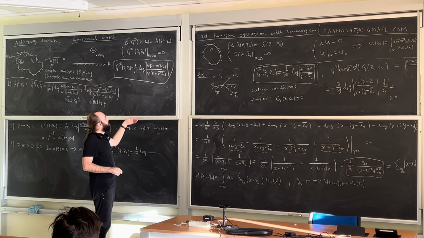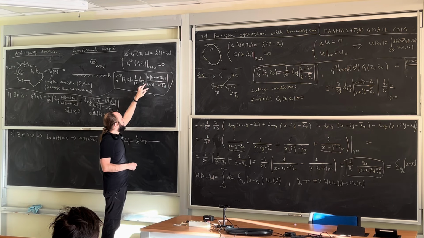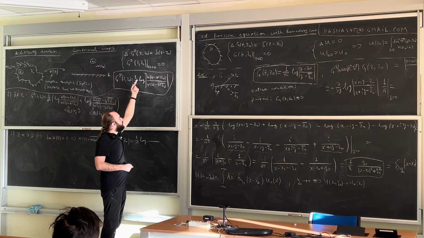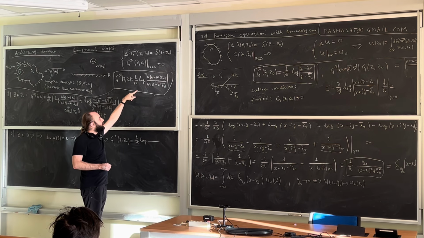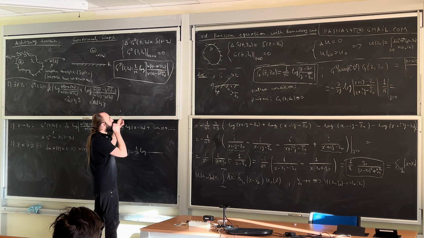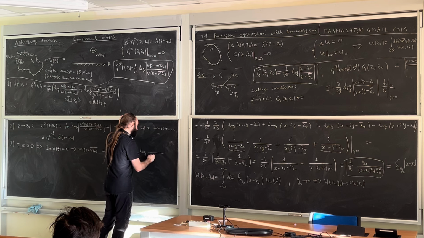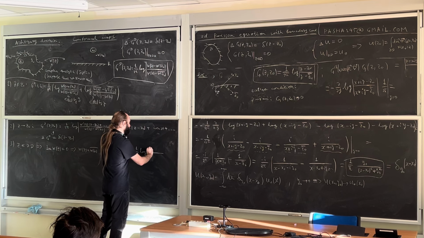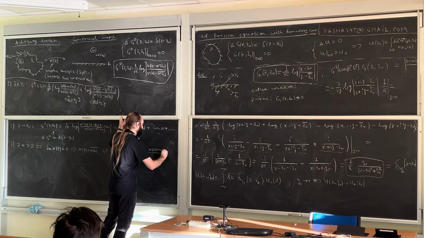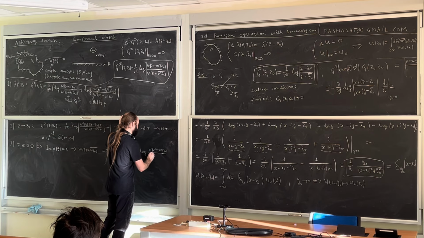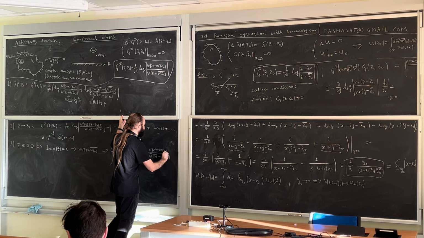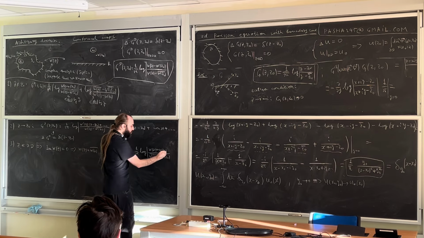Well, in principle, we can conjugate its numerator or denominator at the very beginning, because the absolute value of a complex number and its conjugate are the same. So it is W of Z minus W of Z0 and W of Z bar minus W of Z0, absolute value.